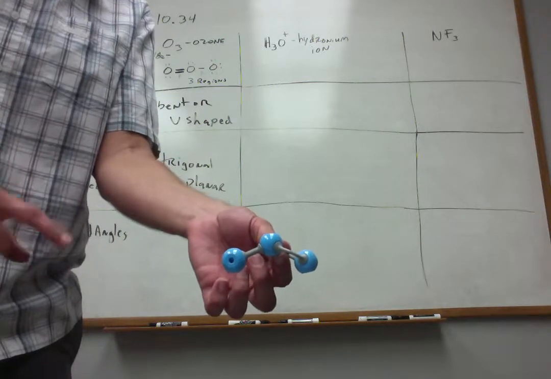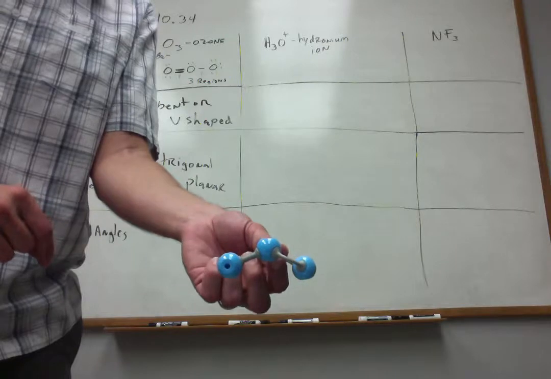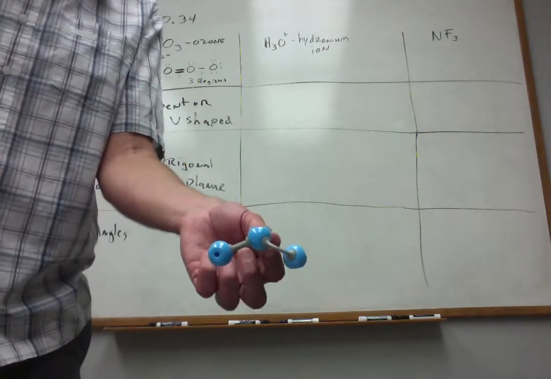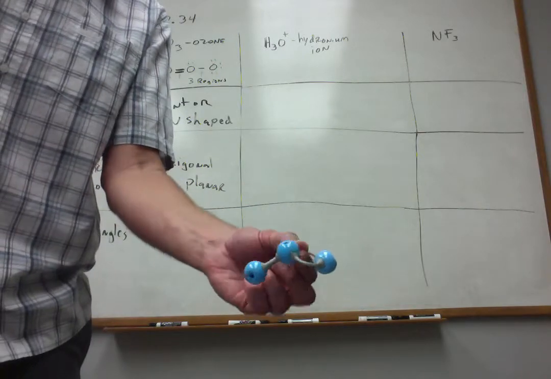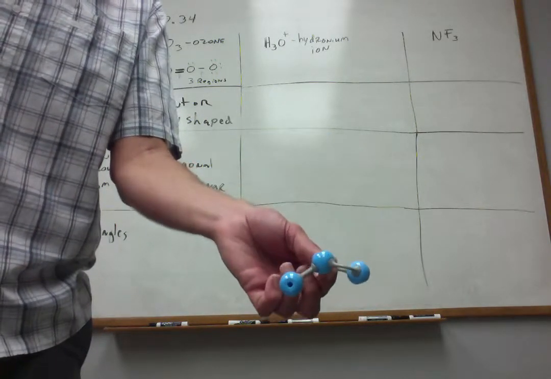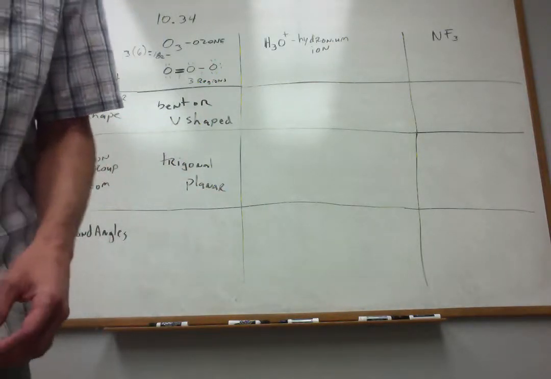Okay, that's important to realize. You never lose the influence of the lone pairs. But if I'm describing the molecular geometry itself, it looks like it's bent or V-shaped. Okay, so this is the shape of ozone. This is what it would look like according to VSEPR theory, if you could actually see it under a microscope or something of the sort. All right. So hopefully that helps.